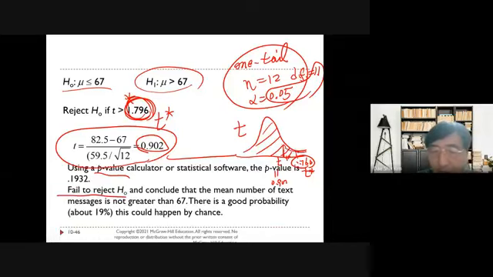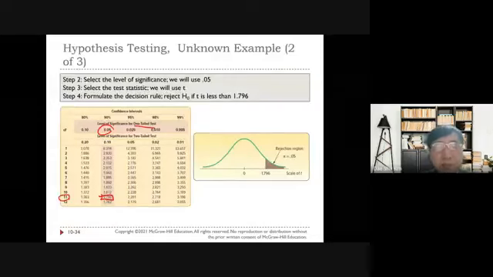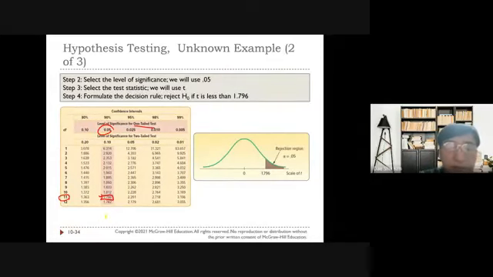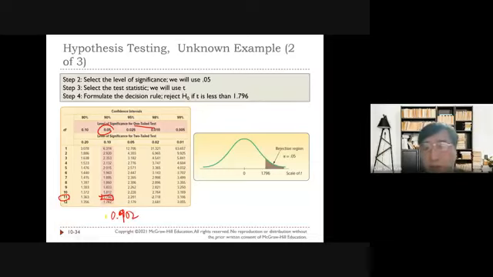We need to calculate this yellow area. I will use a different color to highlight it. The T value is 0.902.